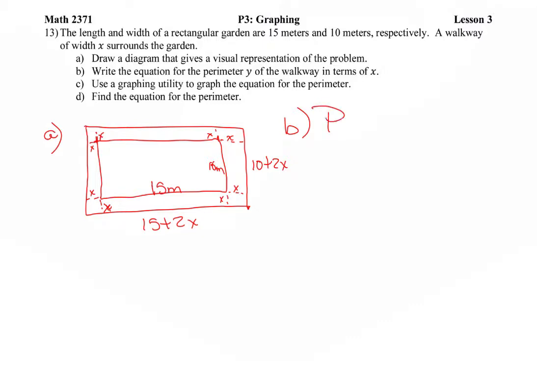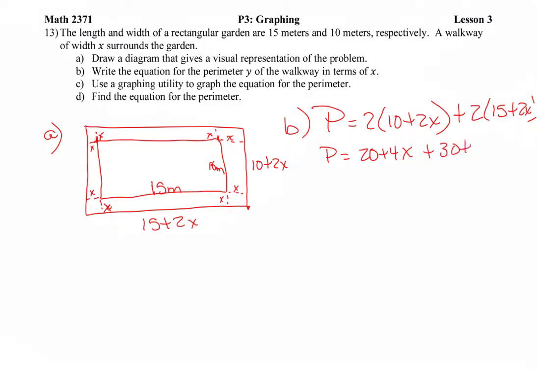So the perimeter is going to be 2 times 10 plus 2x plus 2 times 15 plus 2x. And I would then go on to simplify that to the perimeter is 20 plus 4x plus 30 plus 4x. So the perimeter is now 50 plus 8x.